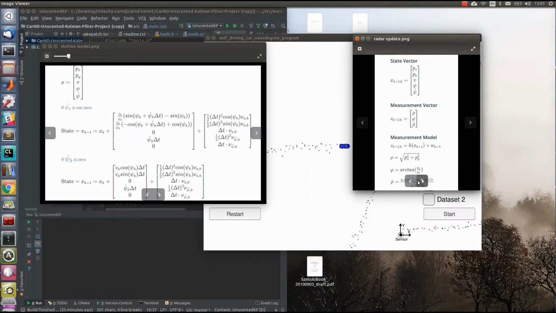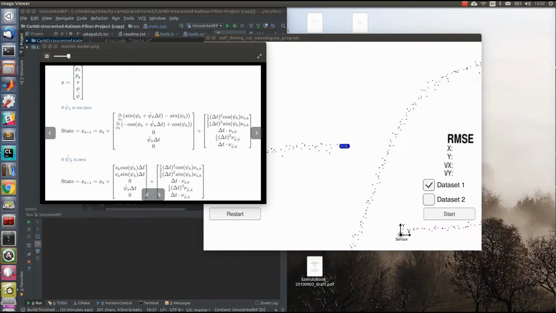As we see, these equations are functions of our state vector, and it's not a linear function. For lidar, the measurement model is similar because lidar directly measures the x and y coordinates of the moving object.